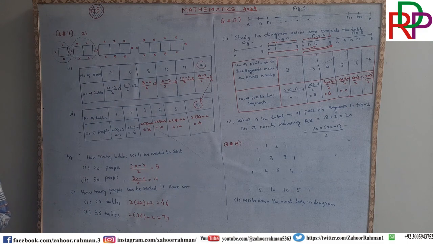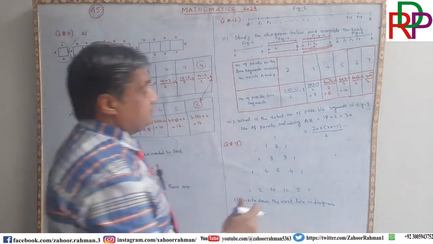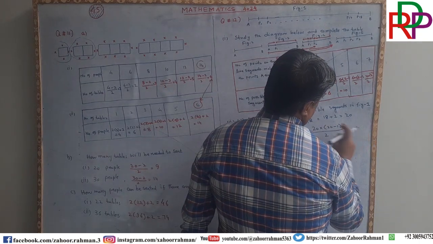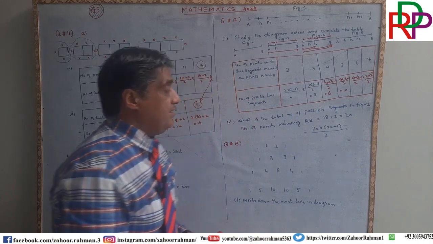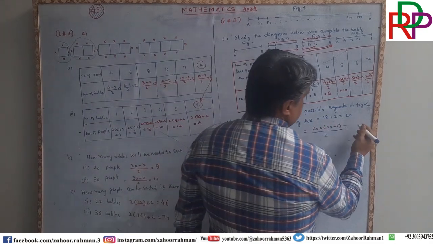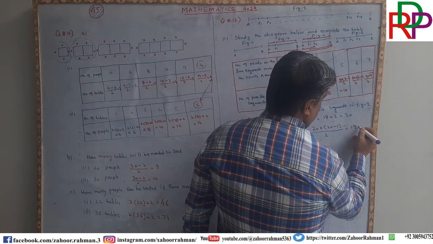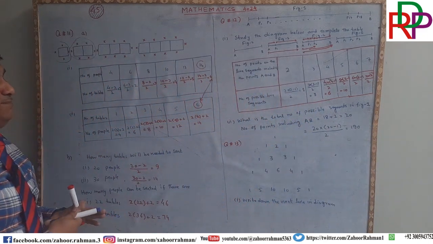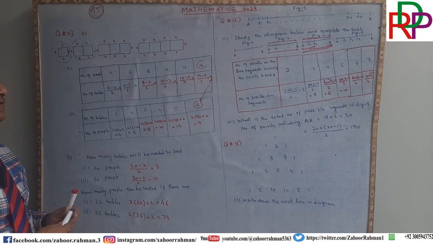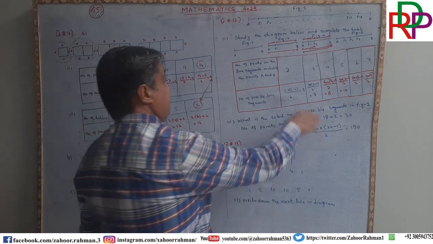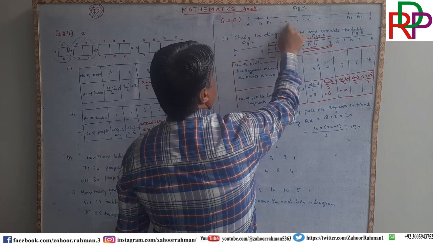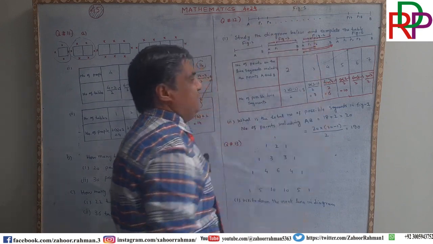So when we multiply this, it will be 190. So it means the possible line segments, which is very difficult to count without this formula, this one, this one, and this one, very difficult.